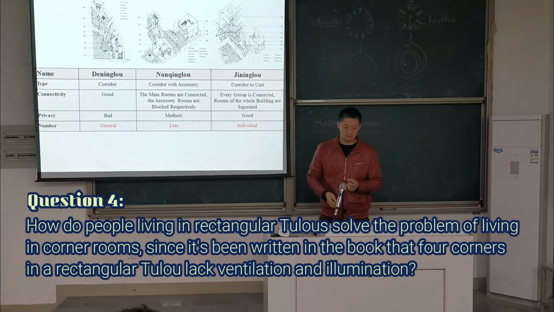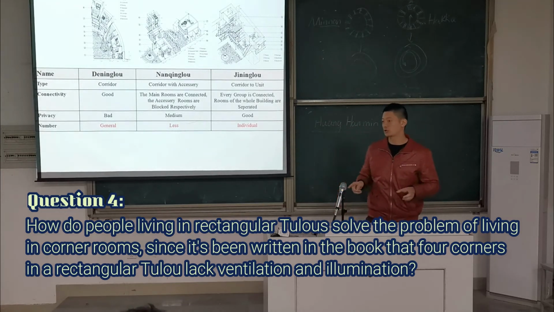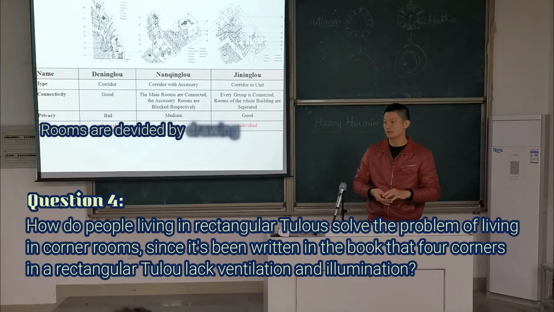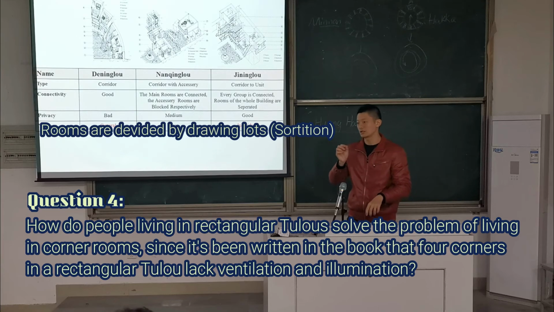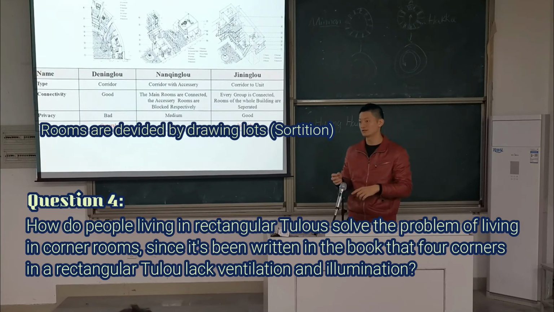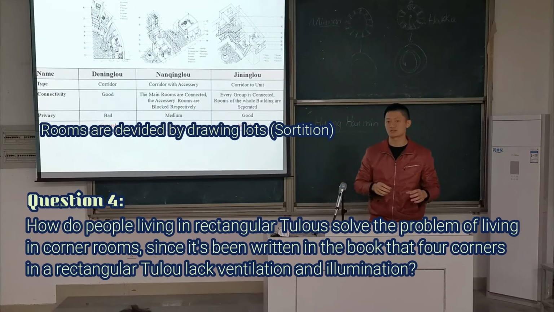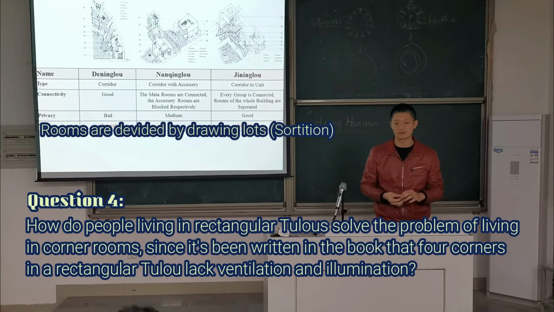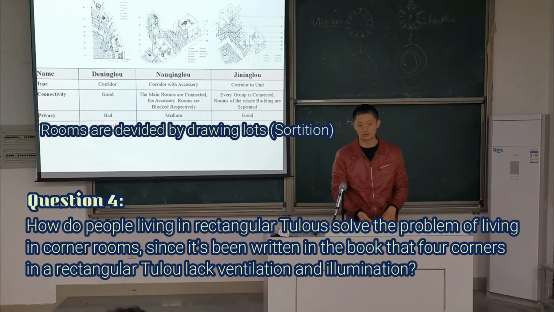After the new rectangular Tulou was established, they will set a game, drawing each room like straws. Every family takes a chance, so that there will be no bargain and argument among each family. So, winners are winners, losers are weepers.